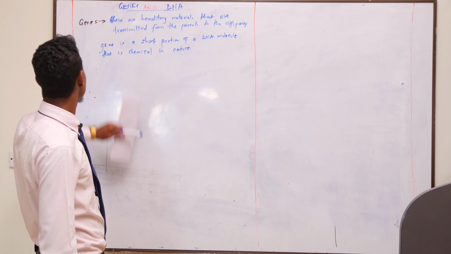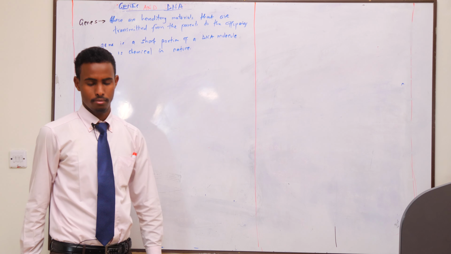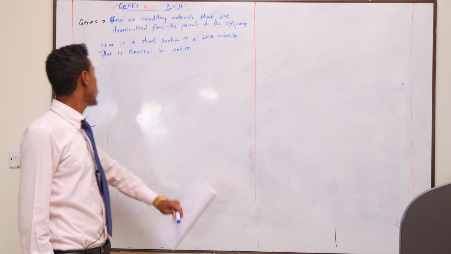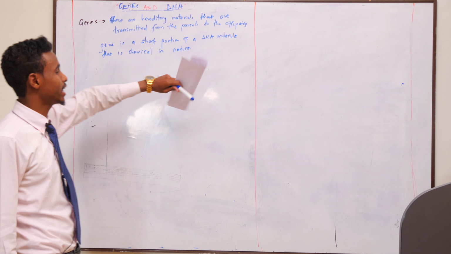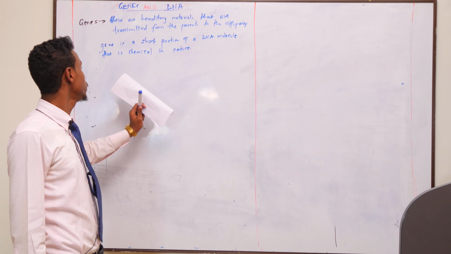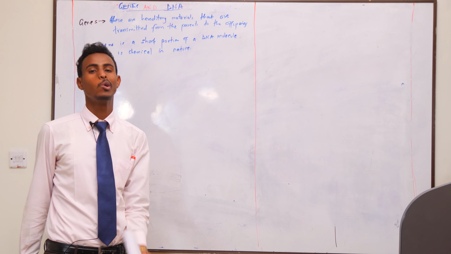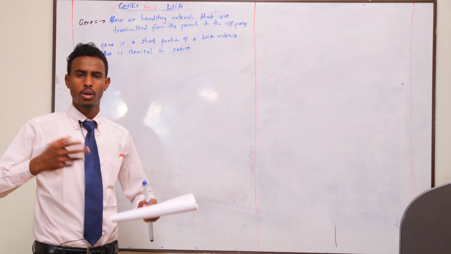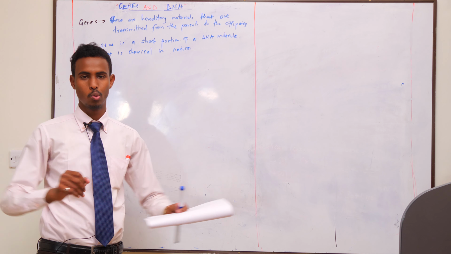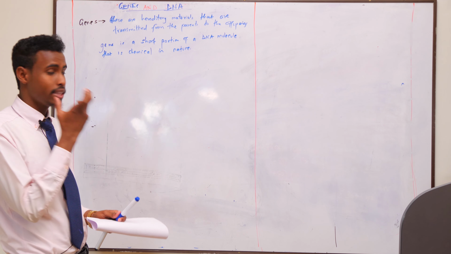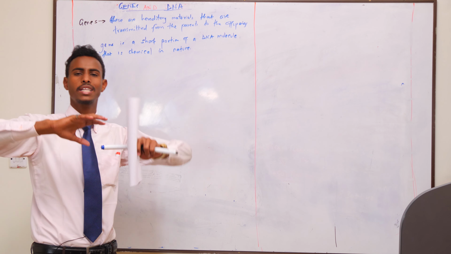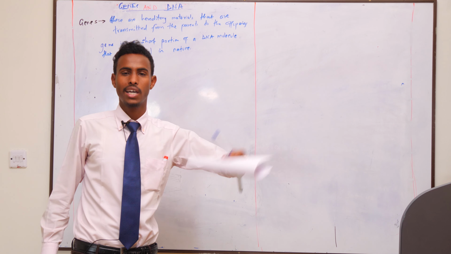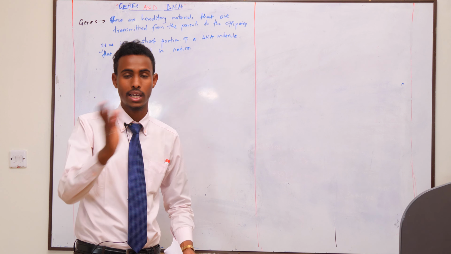Now, let's look at the difference between a gene and DNA. Class, we said the genes are hereditary materials, and that a gene is a short portion of a DNA molecule. I want to emphasize how DNA and the gene are distinguished. DNA is like an instruction manual that is long and contains instructions for every characteristic.